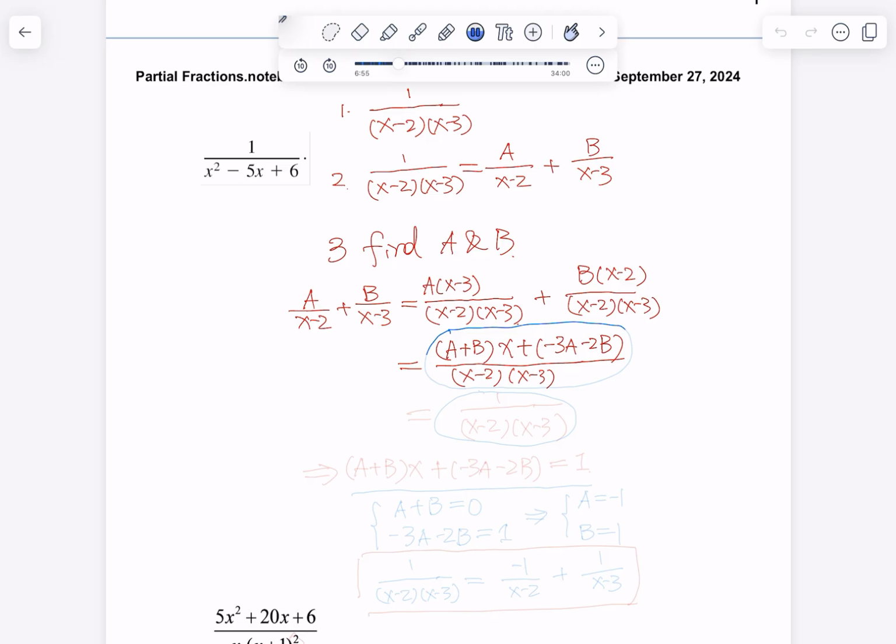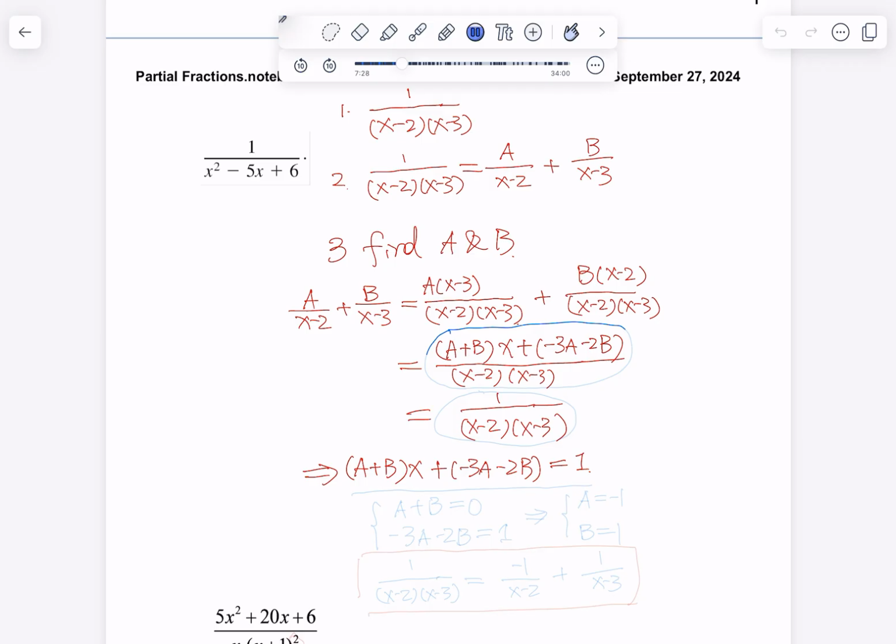And the equation in step 2 says this must equal 1 over x minus 2 times x minus 3. Then in order for this to be true, we must have A plus B, x plus minus 3A minus 2B must equal 1 for the numerator.